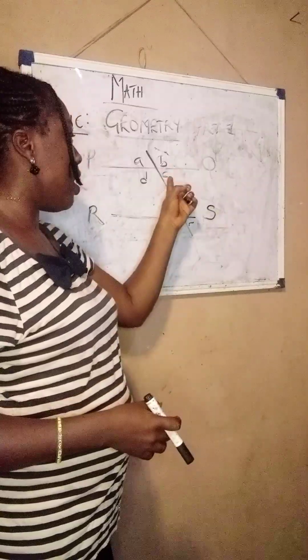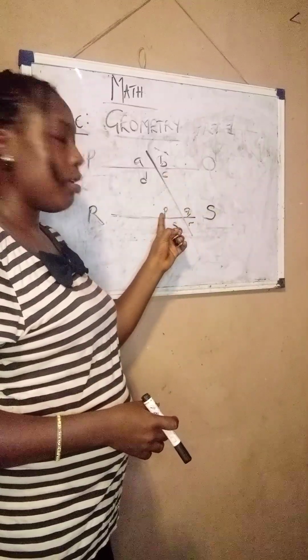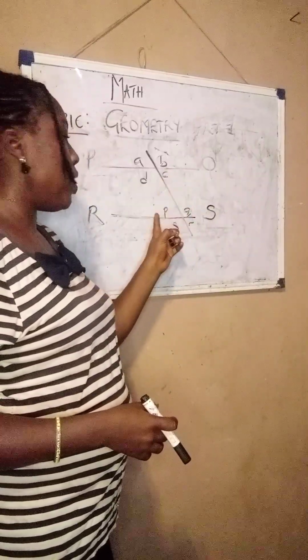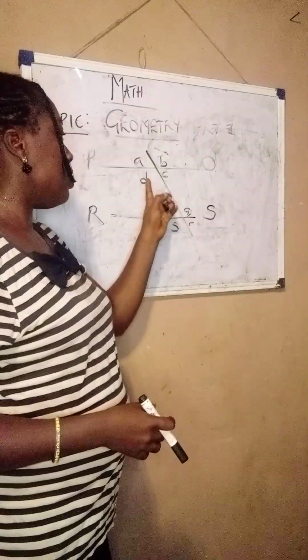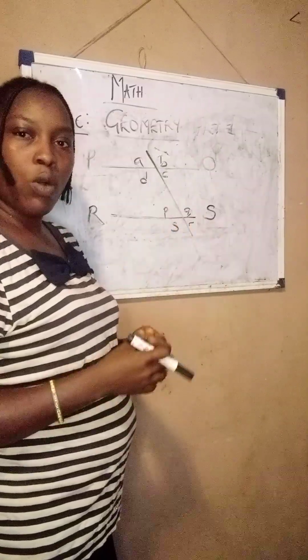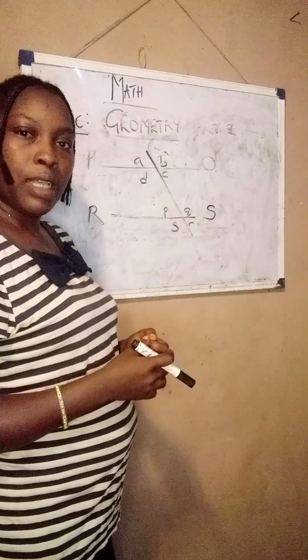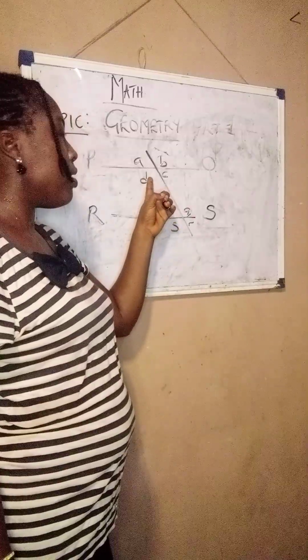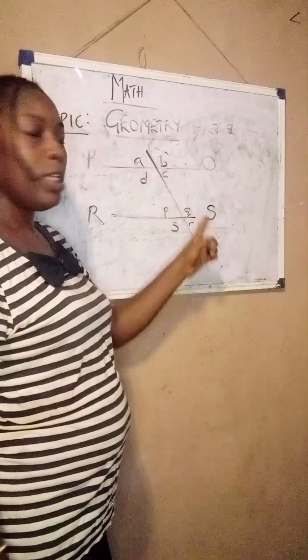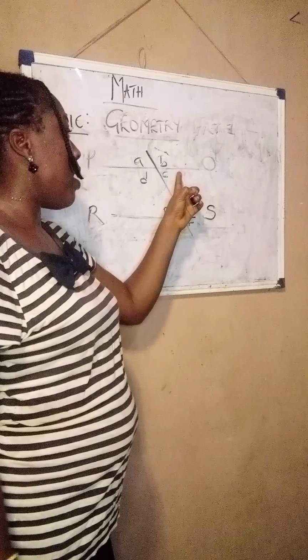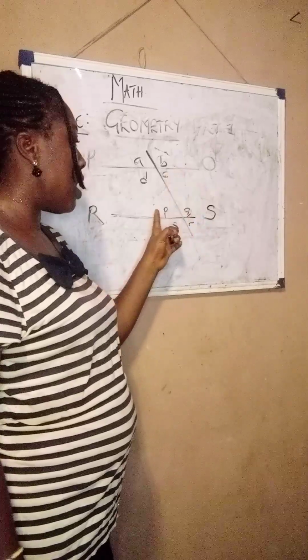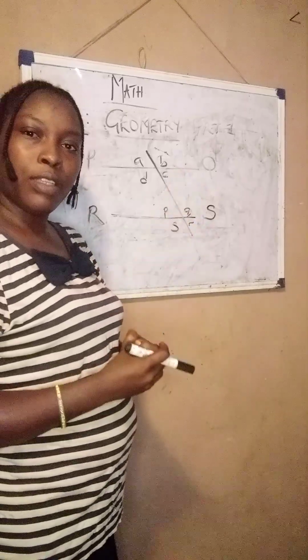Whatever you have here, you have here. That is, C and P are alternate. D and Q are alternate. Let's take an instance. I have 60 degrees here. Automatically Q is 60 degrees. If I have 15 degrees here, automatically P is 15 degrees.